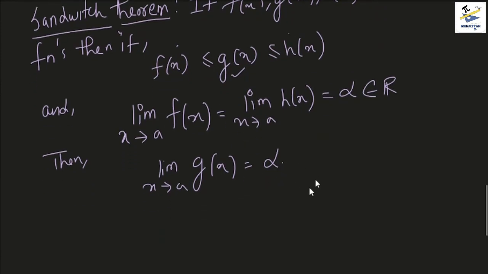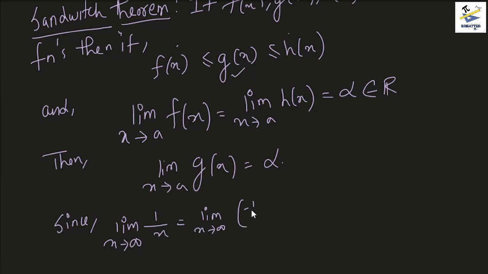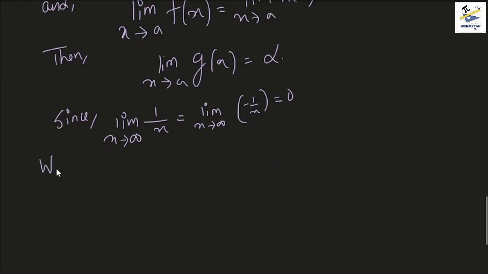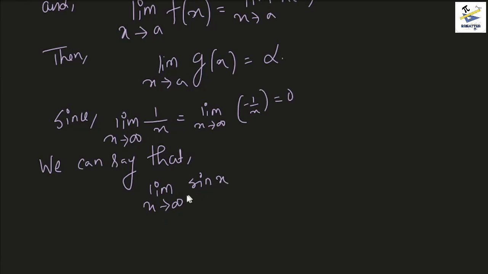So using this we can see that, since the limit equals 0, we can say that the limit as x tends to infinity of sin x upon x must also be 0, since -1/x is less than or equal to sin x / x is less than or equal to 1/x.